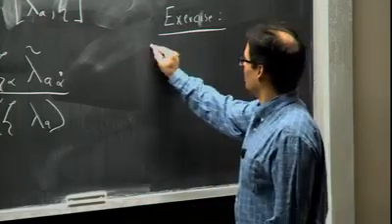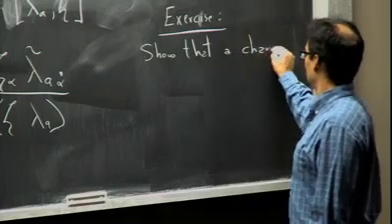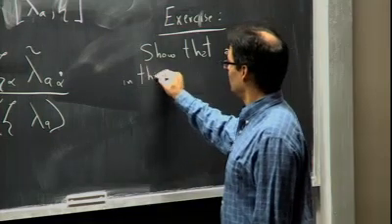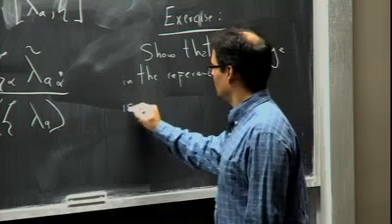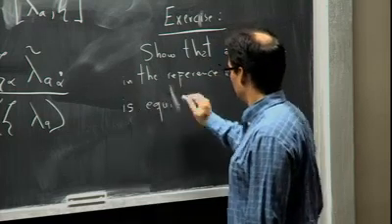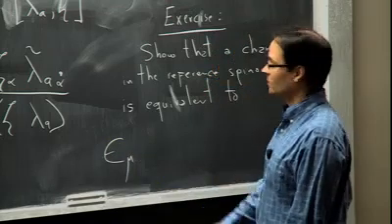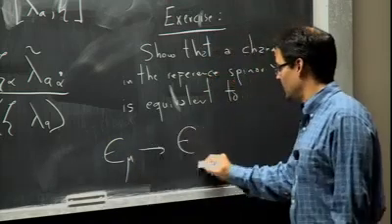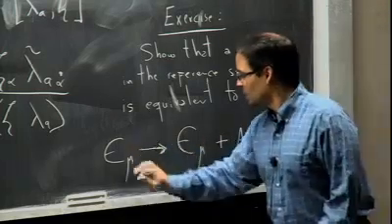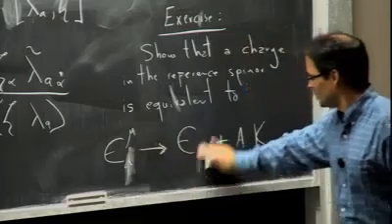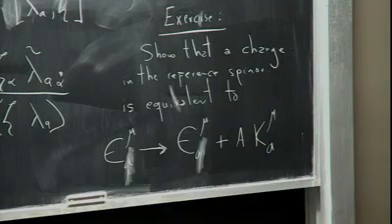Show that a change in the reference spinor is equivalent to changing the polarization vector by a quantity proportional, let me put here the index a, I put the index mu up, proportional to the momentum vector of that particle.